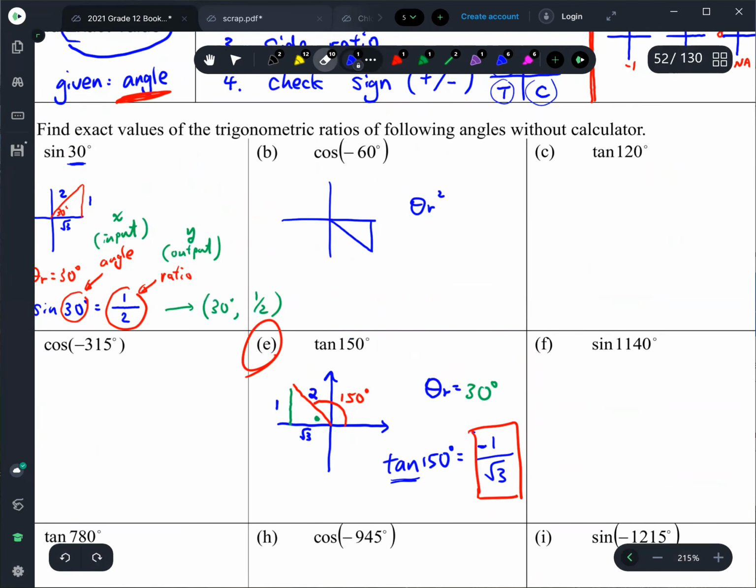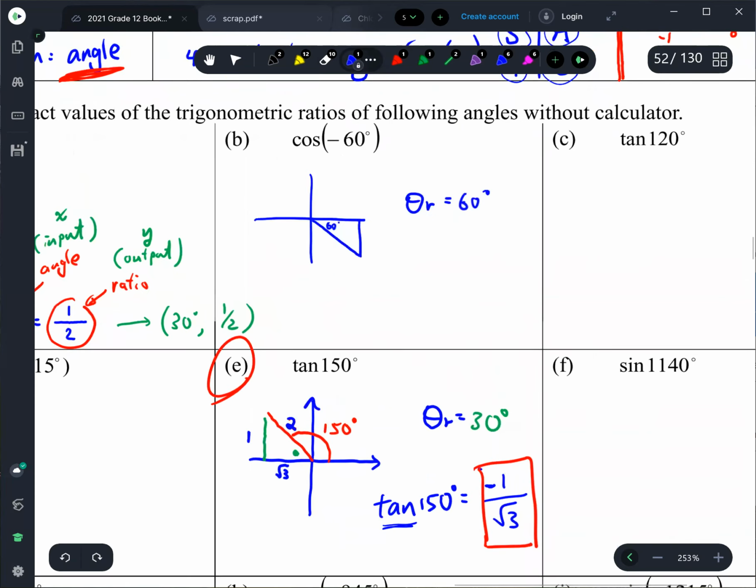And I don't know why you put a little 2 there. What's that? For every reference angle, you write a little 2. Oh, that's a square. I don't know why I put it there. Okay, so you don't need a square. So reference angle for this one is 60 degree, right? What do you do next?